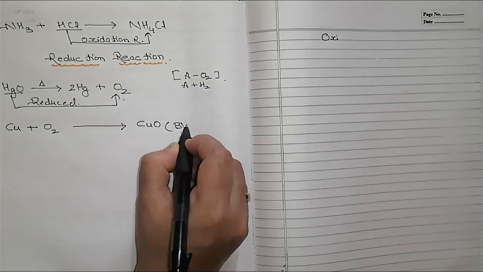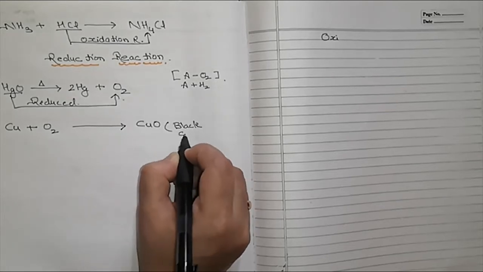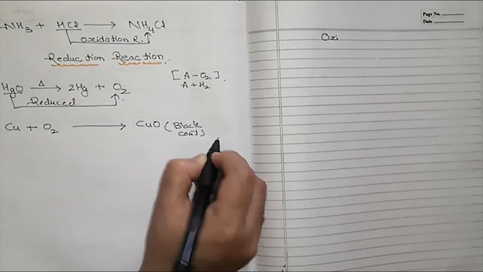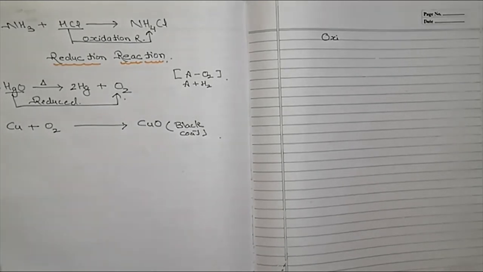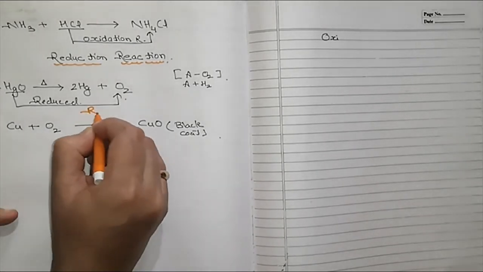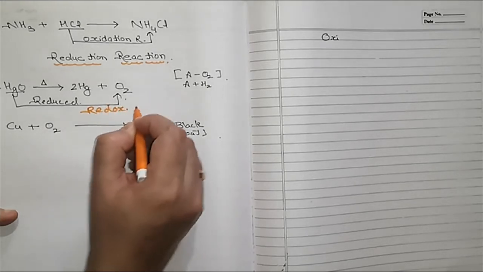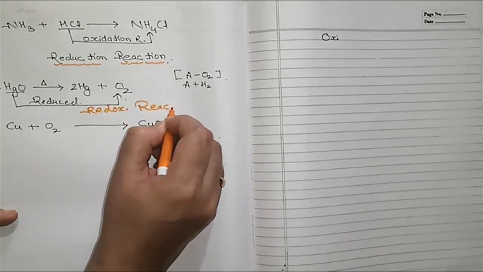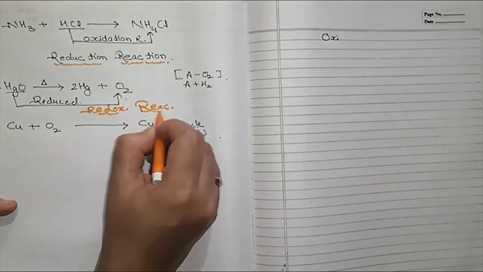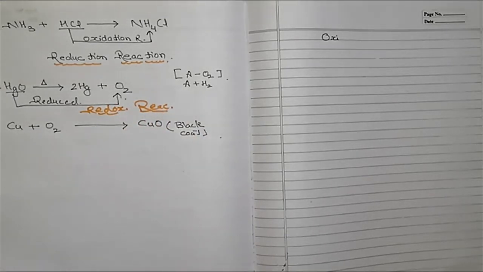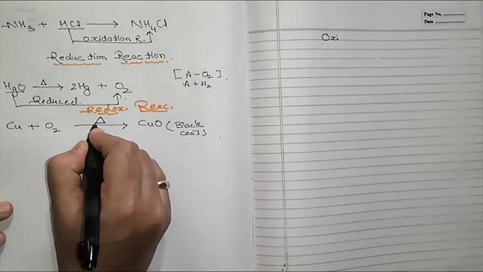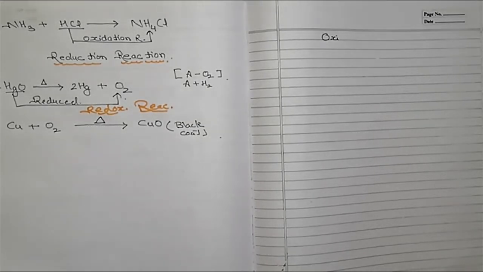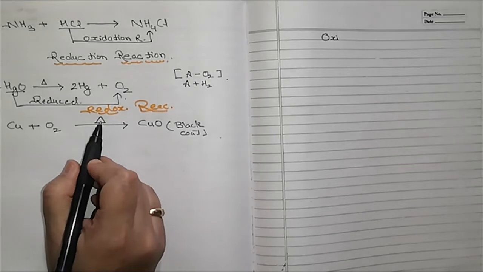A coating of black color will be formed on the copper. We are doing the redox reaction now. Because you are heating it, you have to put this triangle sign. This is nothing but delta. Either you can write heat or you can put a triangle sign over it.